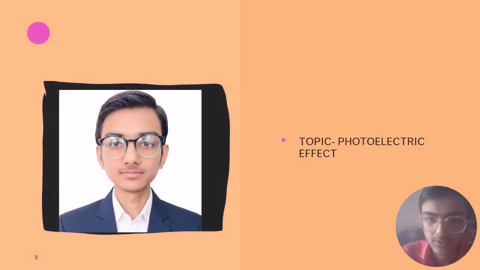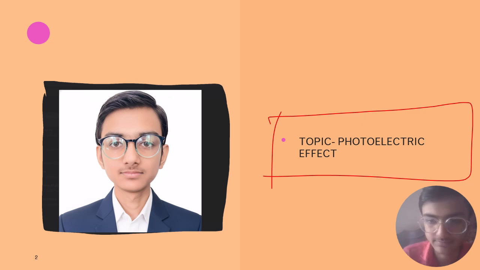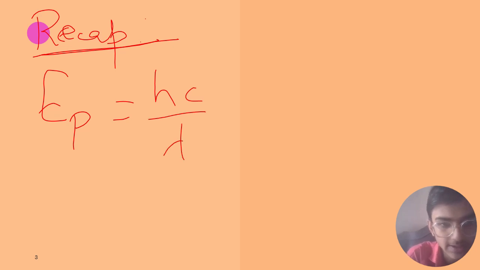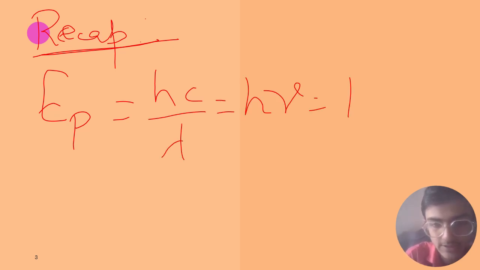Our topic today will be the photoelectric effect. Just to review, a recap of the previous session: we discussed the energy of a photon, that was hc by lambda, or we can write it as h into nu, or as h cut into omega.